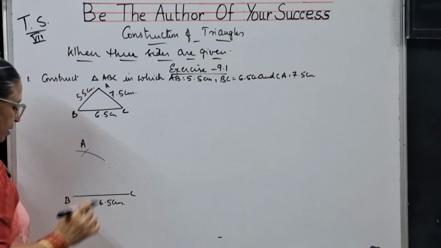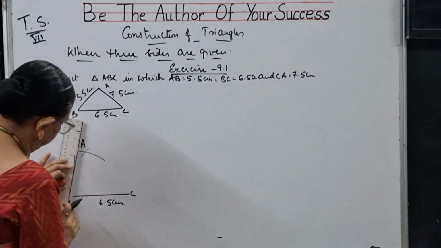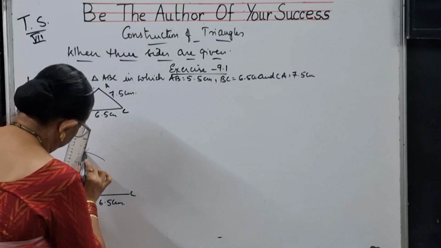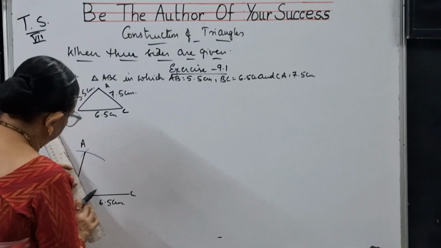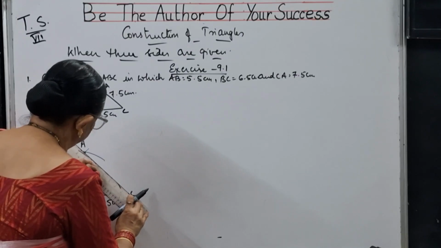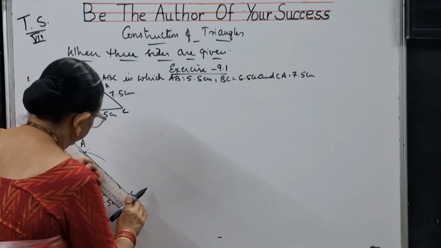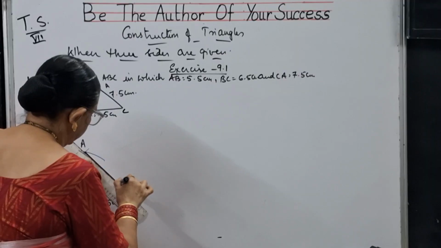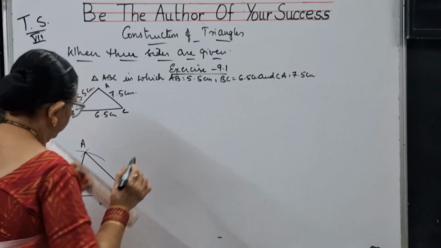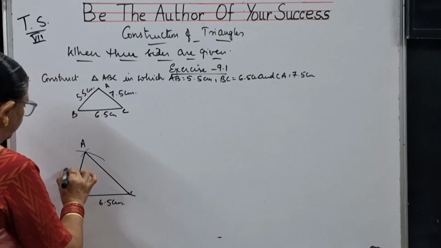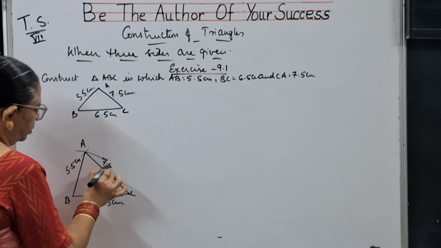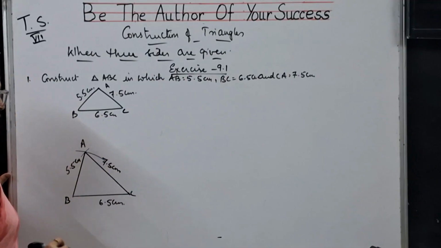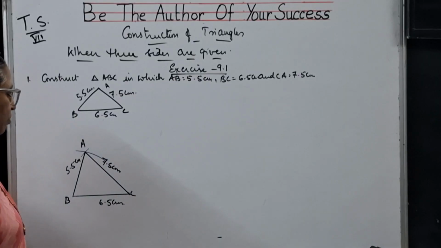This is A. Now you need to join A and B, A and C. So this is 5.5 centimeters, 7.5 centimeters. So this is the construction that I have got.